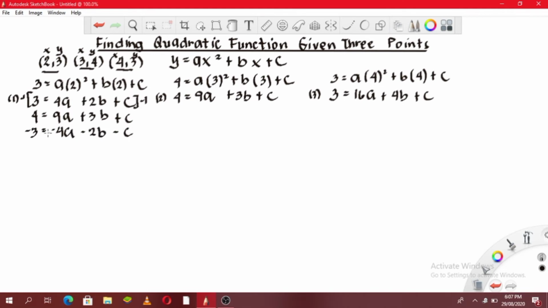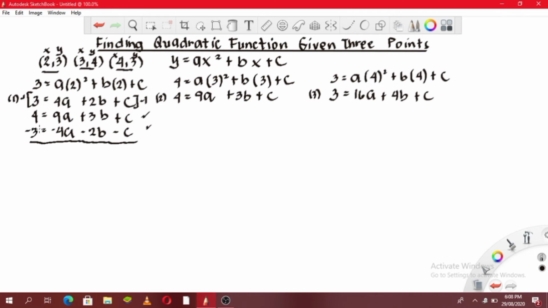Ngayon po, i-add natin ang dalawang equations na ito vertically. Again, itong dalawang equation po ang ating papansinin, okay? Ito na po yung nangyari sa equation number 1 noong minultiply natin ang whole equation niya with negative 1.